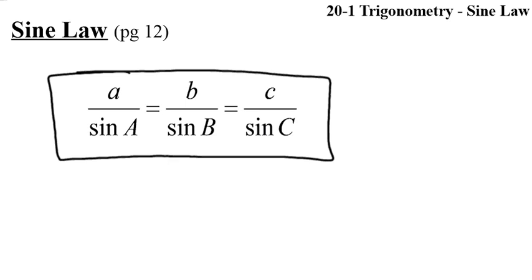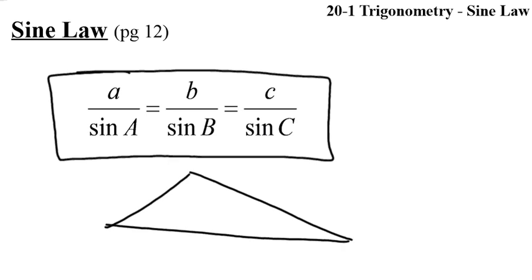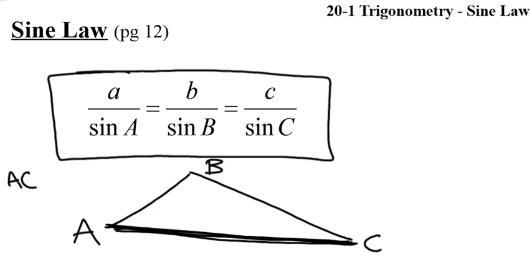The only thing is, if you have any non-right triangle, there are a couple of things to review. Angles are always labeled with capital letters. Triangle ABC is made up of angle A, angle B, angle C. Please remember that the sides of a triangle, one way to label this bottom side would be side AC, but it's also more commonly referred to as side lowercase b.